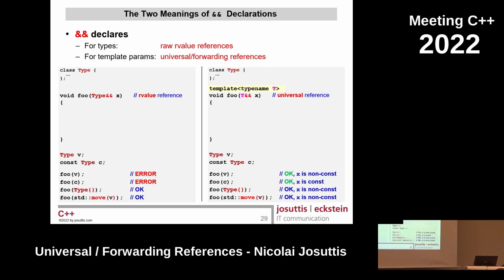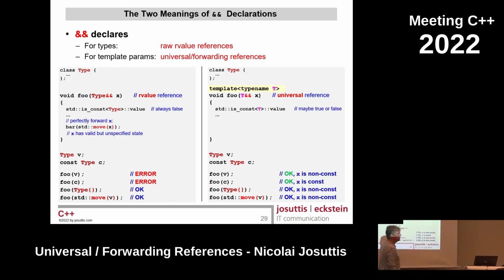So you can pass everything, but it's even more. If you have an R value reference, a raw R value reference, you know that the object is not const, which is not the case here on the right. And if you want to forward it to somewhere, here move is enough. On the right-hand side, you need forward.